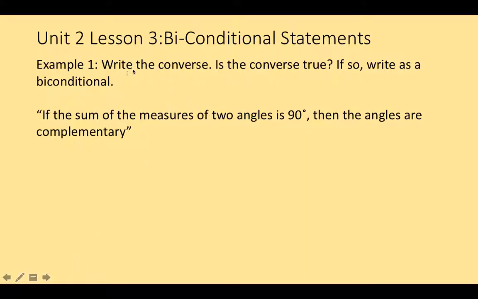So example 1, write the converse, and then it asks, is the converse also true? And if that's the case, write it as a biconditional. So here we have a statement that says, if the sum of the measures of two angles is 90 degrees, then the angles are complementary. So we will flip this around. There's a conditional.